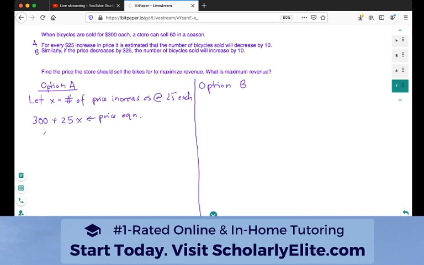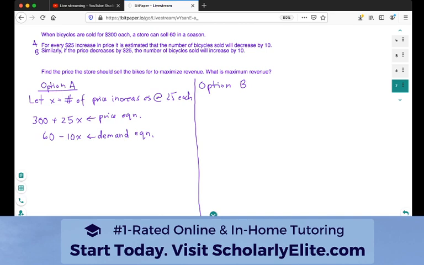So we have 60, and here they've told us in option A, for every $25 increase in price, it is estimated that the number of bikes sold will decrease by 10. So if we start with 60 and we're decreasing by 10 times the number of price increases, that's the demand equation.